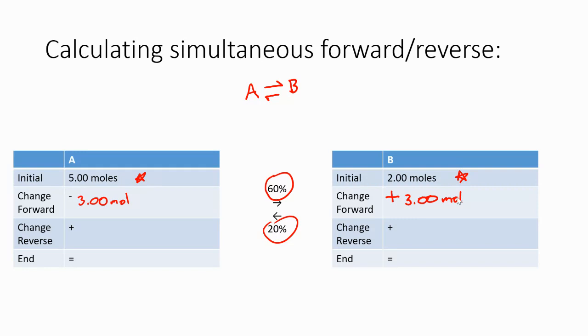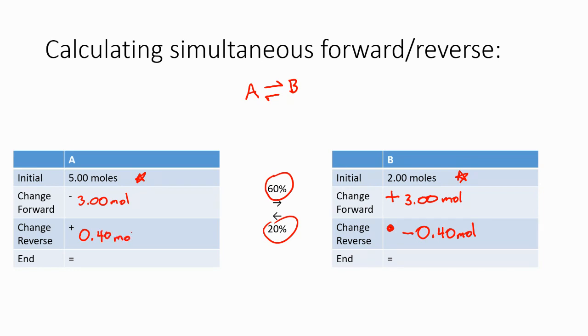But now we have moles of B also reacting, 20% of 2. So if I said 2 times 0.2, I get 0.4. I'm going to say, again, I messed up my signs here. I apologize for that. I'm going to say minus 0.4 moles of B become plus 0.4 moles of A on this side.